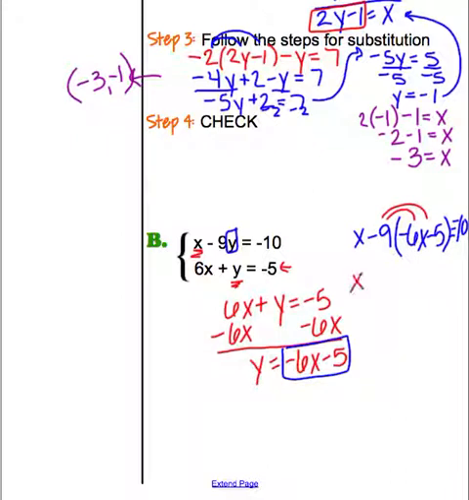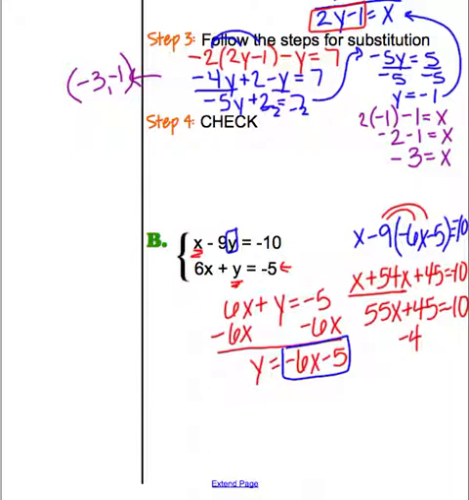So we have x minus 9 times negative 6x, which is plus 54x. Minus 9 times negative 5 is plus 45, equal to negative 10. And x plus 54x is 55x plus 45 equals negative 10.